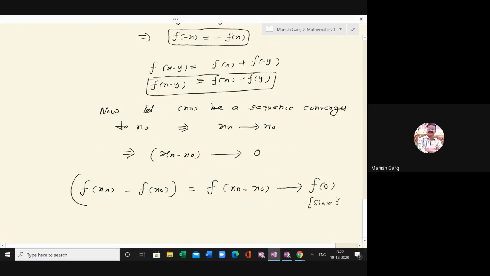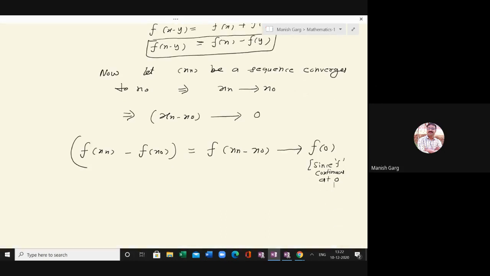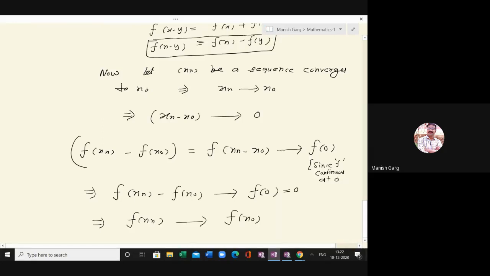So f(xn) minus f(x naught) is converging to f(0), and f(0) is equal to 0. So here you can write f(xn) converges to f(x naught).